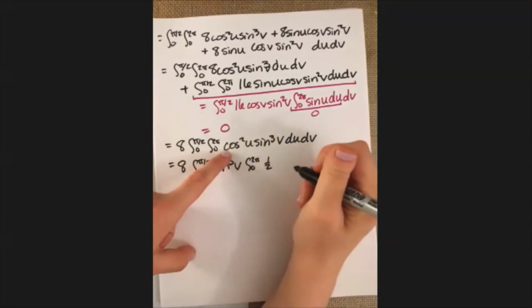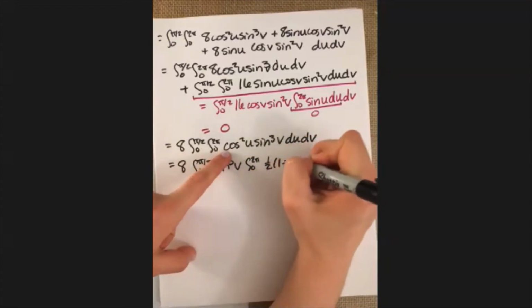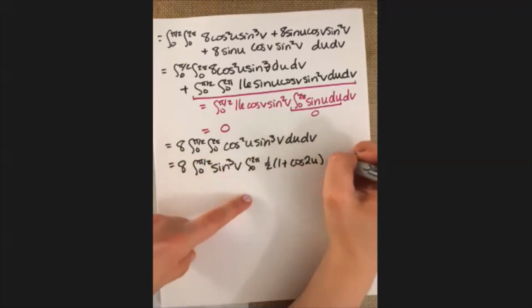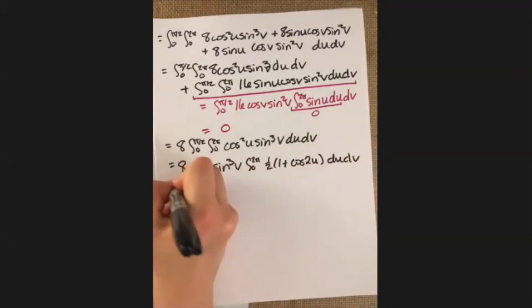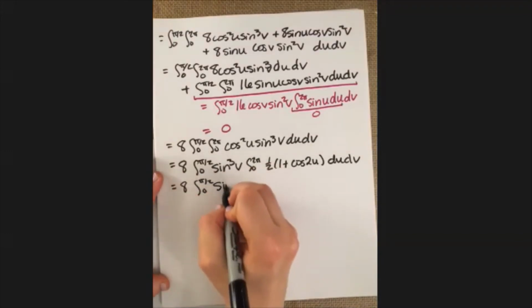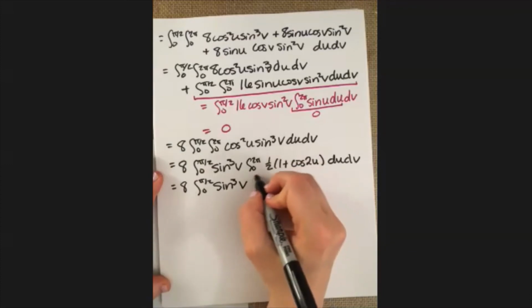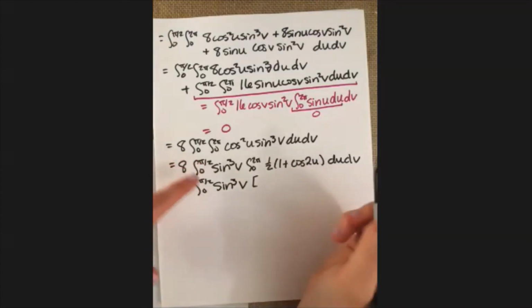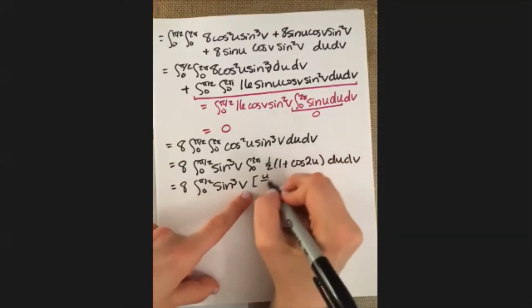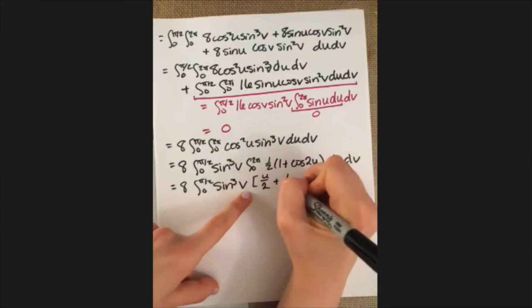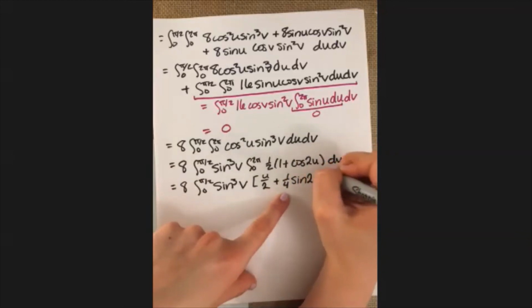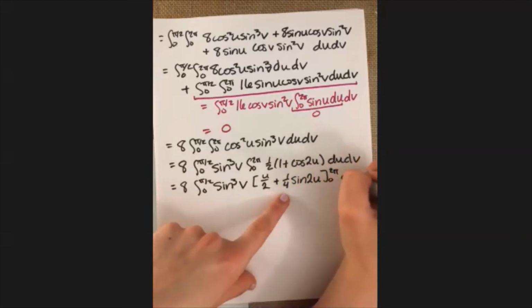It's going to be 1/2 times 1 plus cosine of 2u du dv, and that is equal to 8 integral from 0 to pi over 2 sine cubed v, and then I have u over 2 plus 1/4 of sine 2u evaluated from 0 to 2 pi dv.